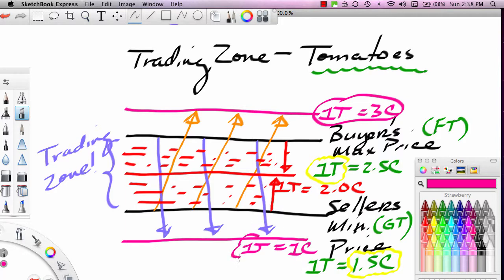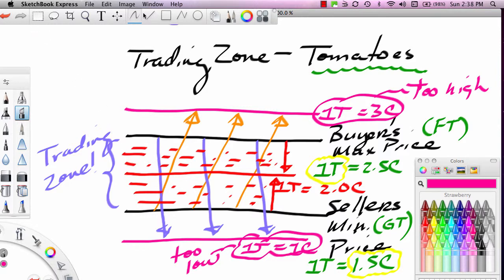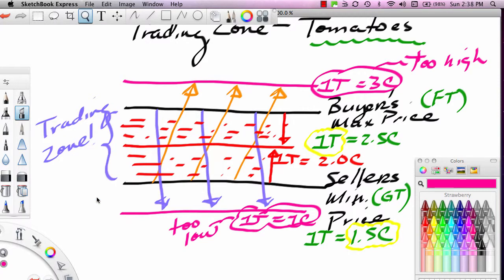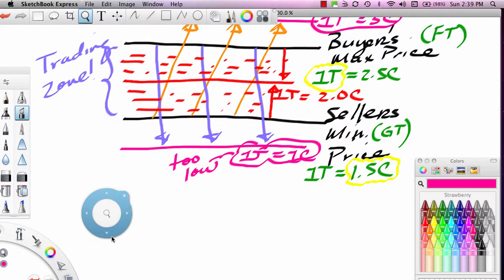So this exchange rate down here is too low, and this exchange rate up here is just too high. And so that exchange rate has to fall somewhere within the trading zone for both buyer and seller to be happy. So let me go ahead and move this picture up a little bit so we can write a little bit more on here.